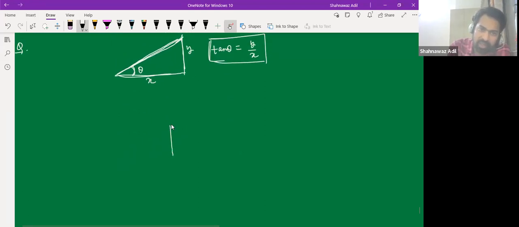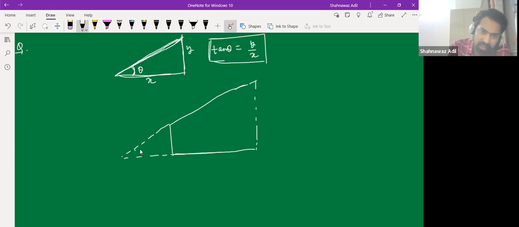So I draw it like this, and this is my tan theta. If I want to calculate the slope at this point here, this would again be tan theta.